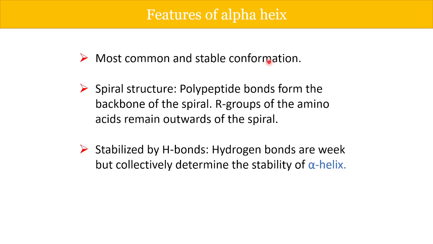R groups of the amino acids remain outward of the spiral and do not significantly affect the coiling. Alpha helices are stabilized by hydrogen bonds. Hydrogen bonds are weak bonds, but the total collective strength of all the hydrogen bonds is responsible for the stability of an alpha helix.